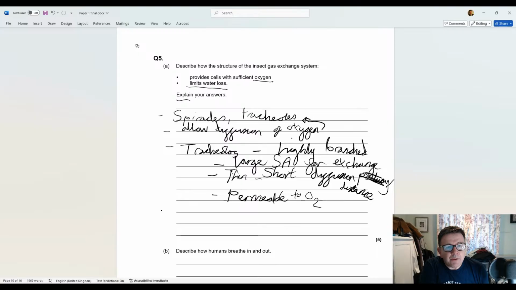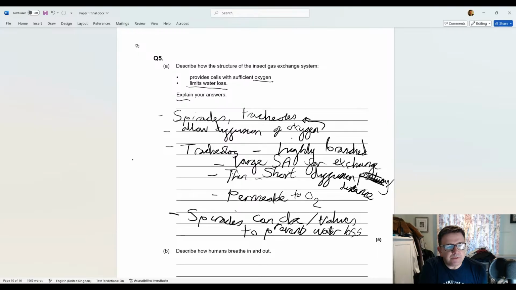Now, in terms of limiting water loss, the spiracles can close. So they can close to reduce water loss. Or they have valves to prevent water loss. You might not know the following, but they've also got hairs around them.